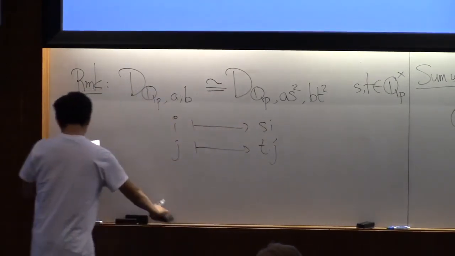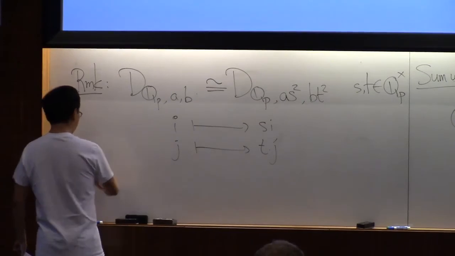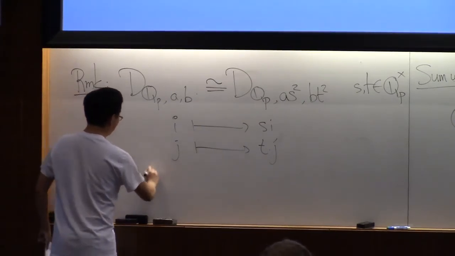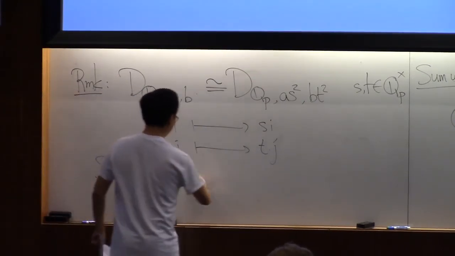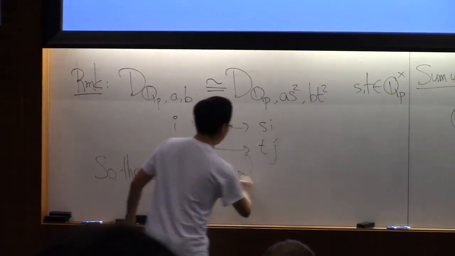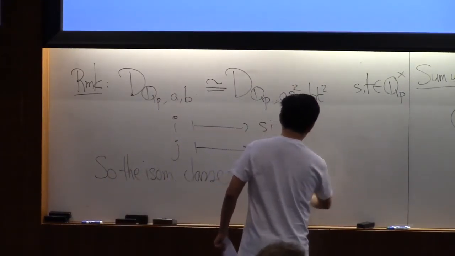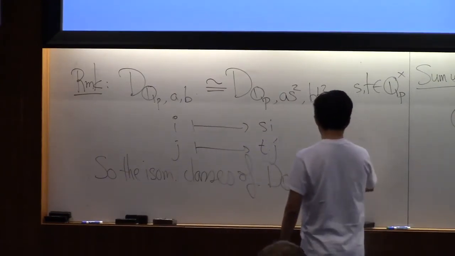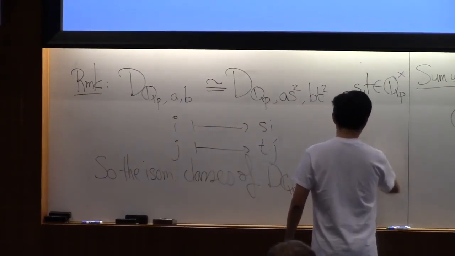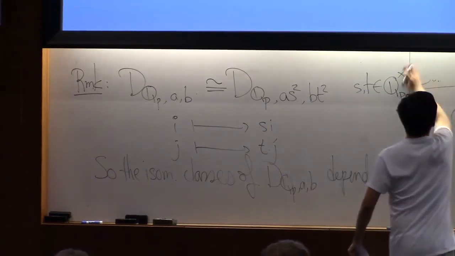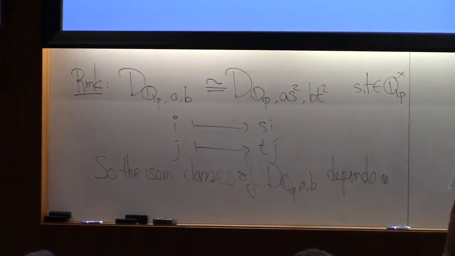So therefore, the isomorphism classes of these quaternion algebras really just depend on a and b, not as an invertible element of QP cross, but modulo the squares.